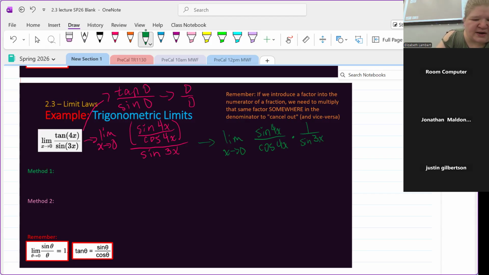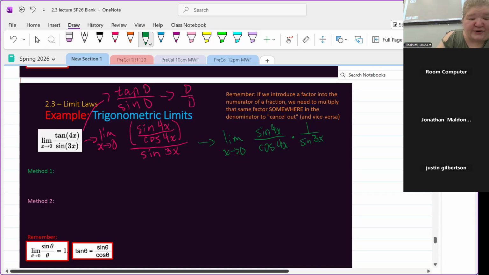Now this is where our best friend, the limit of sine theta over theta equals 1, is going to come into play. The way this limit works, theta is a placeholder for anything as long as that anything also approaches 0. So when I have sine of 4x in my limit down here, if I had the limit as 4x approaches 0 of sine 4x over 4x, it would equal 1.